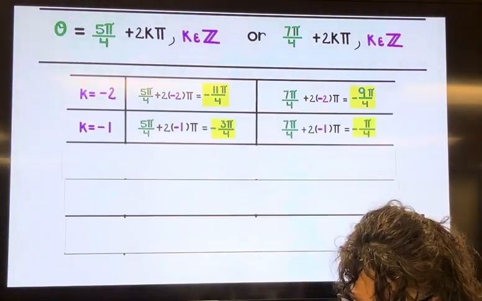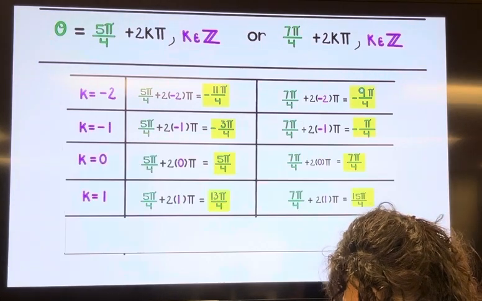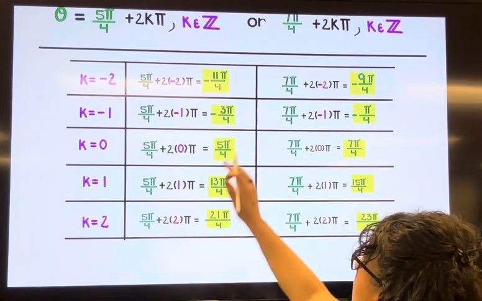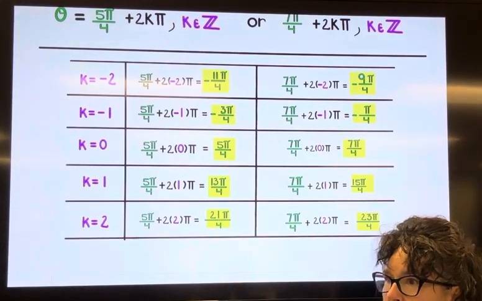And I do the same thing, and I'm just going to quickly put them up here because the general idea is all we care about here. All these yellow ones are correct answers.